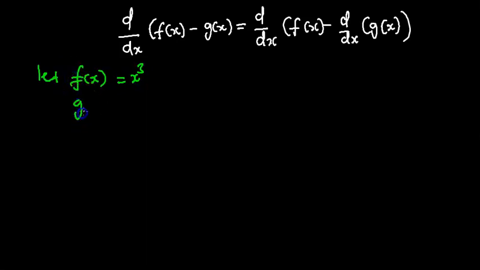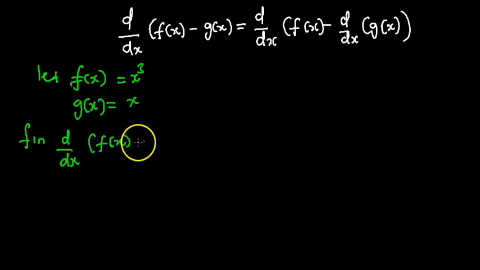Apart from that, we are also given g of x, and in this case our g of x is equal to x, and we are asked to find d over dx of f of x minus g of x. How can we solve this problem? Here is the solution.